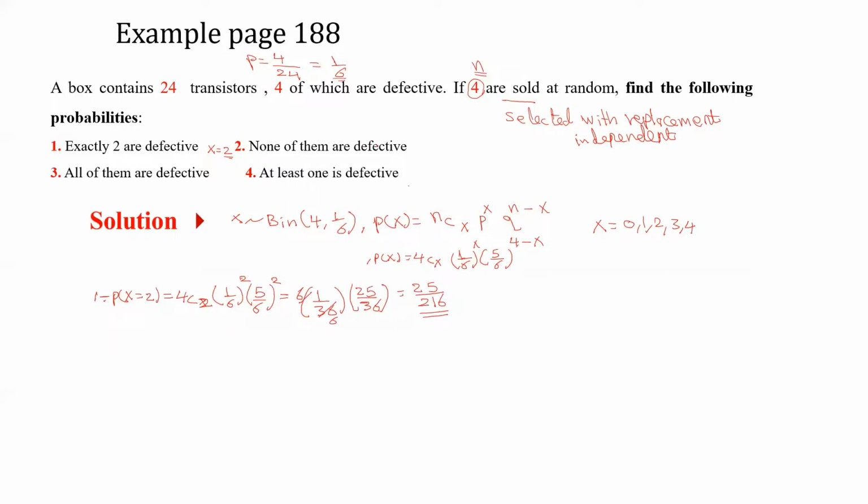For the second one, none of them are defective. As we mentioned, this is x equal 0. So P of x equal 0: we put x equal 0, so 4C0 times (1/6)^0 times (5/6)^4. 4C0 is 1, (1/6)^0 is 1, and (5/6)^4 is 625 over 1296.